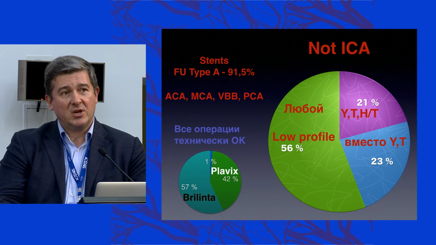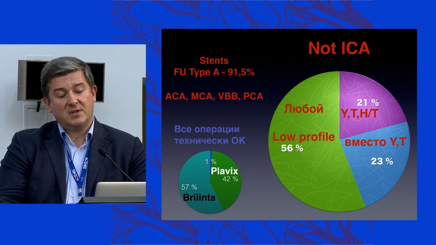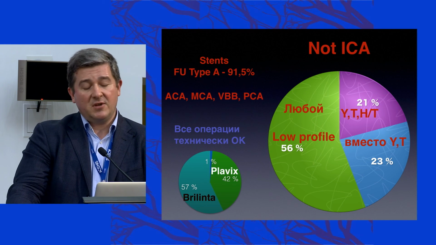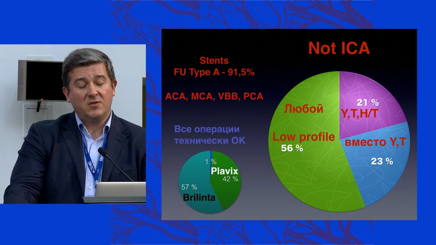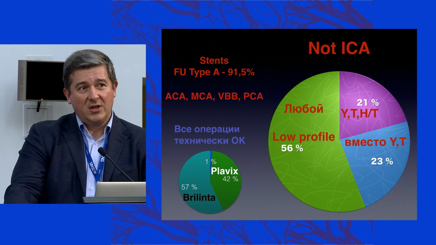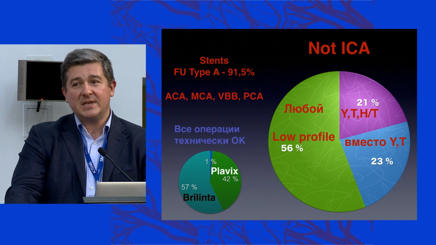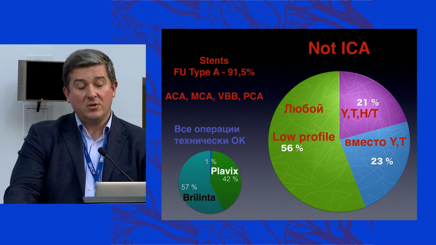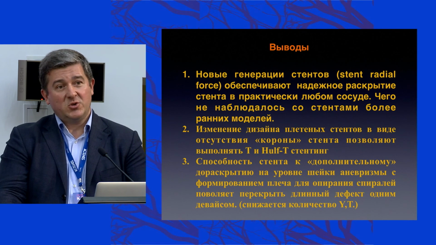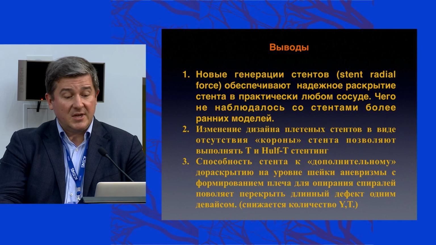As for the bifurcation aneurysm, here Leo Baby were mostly used. So in 23% of cases, we avoided Y and T stenting, not because we don't like it or think that it's a wrong technique, but the question is to minimize the burden with metal, and here it was pretty successful.